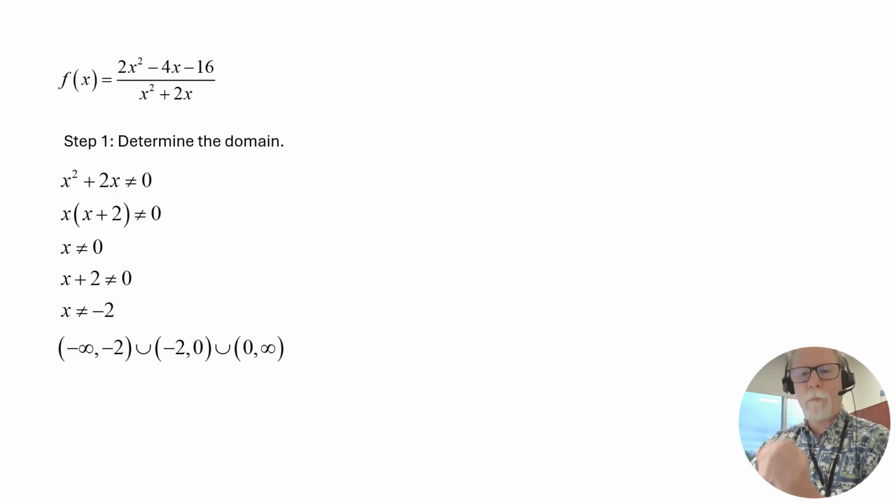We could have both of them as holes, both of them as vertical asymptotes, but the same x value cannot be both. We also know that neither one of these x values can be an x-intercept. That's an important connection to make. And a third thing we know about this one is that because x cannot equal 0, there is not going to be a y-intercept. Awesome.